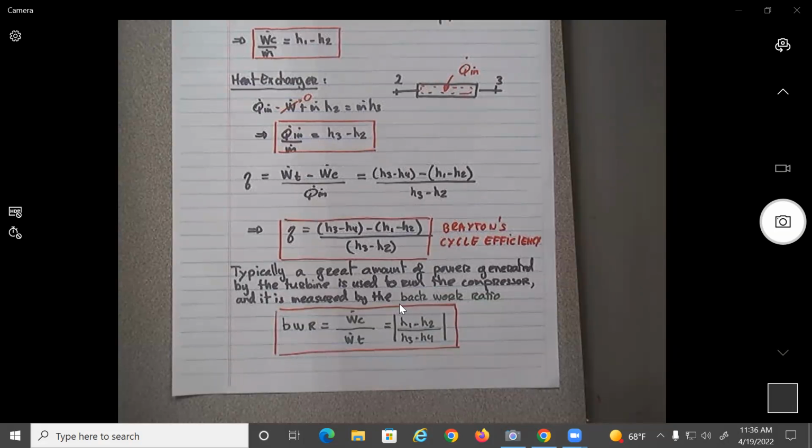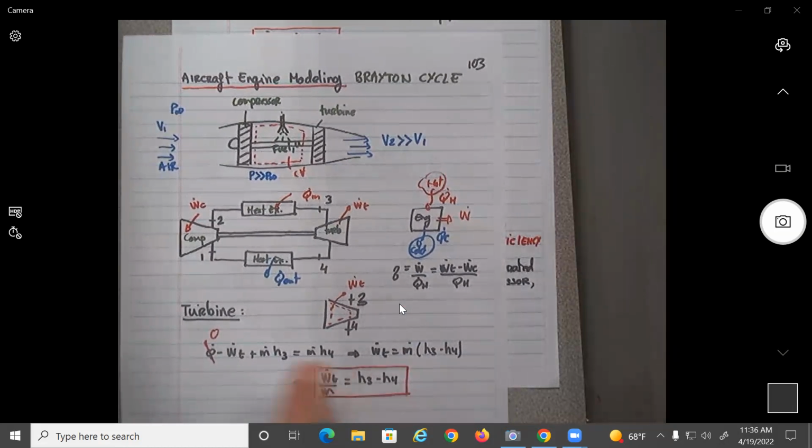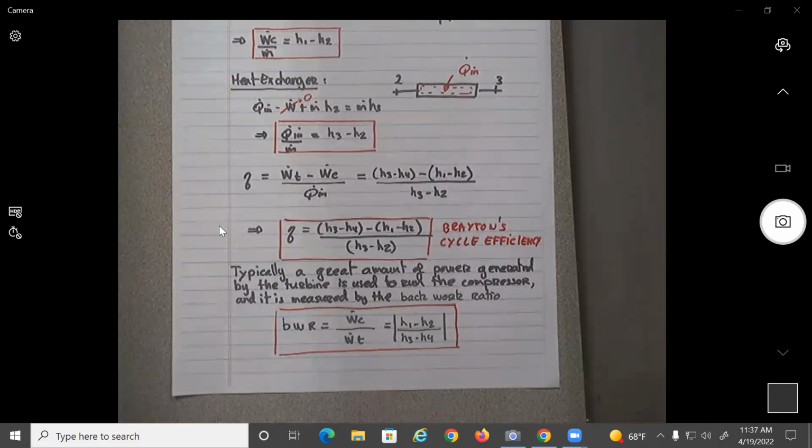Again, like I mentioned before, in every Brayton cycle you have the power generated by the turbine, but a part of the power generated by the turbine is used to run the compressor. That is what is known as the back work ratio, as I put over here. Typically, a great amount of power generated by the turbine is used to run the compressor, and this is measured by the back work ratio.